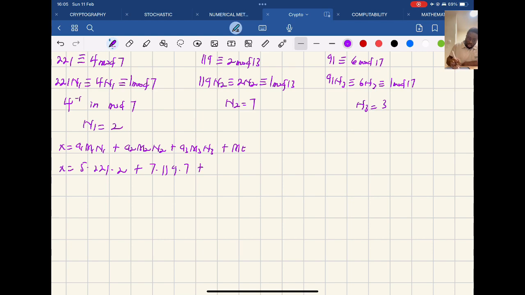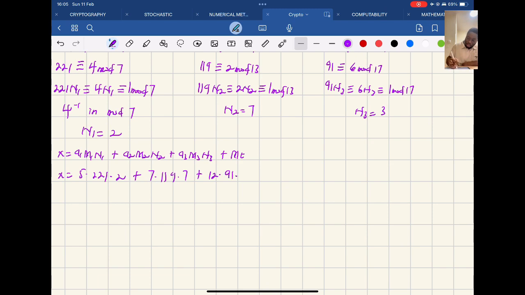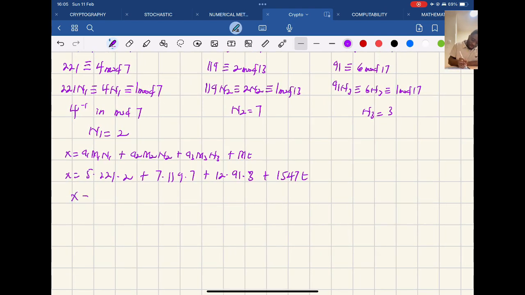A3 in this case is 12, your M3 is 91, and N3 is also 3. But note that your big M, which is 1547, is also multiplying T. After doing this, you see that S is equal to 11317 plus 1547T.